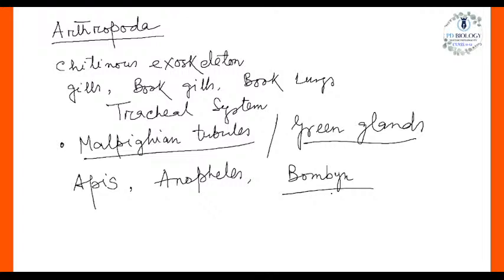So these are the arthropods, the largest phylum of Animalia, including Insecta. Yes, the king crab is also there. So moving to the next group, that is Mollusca.